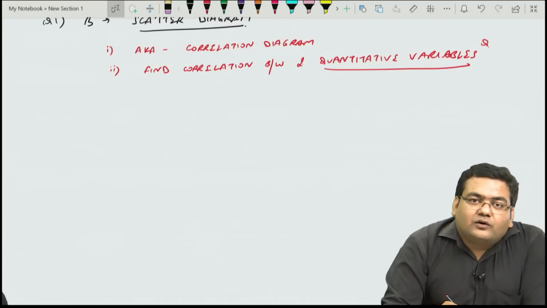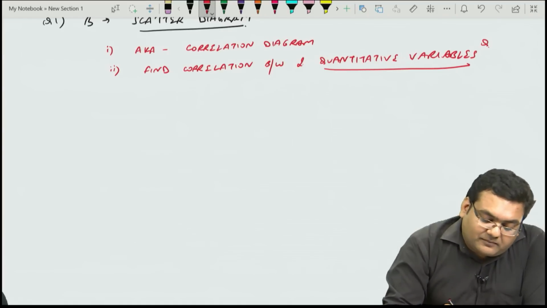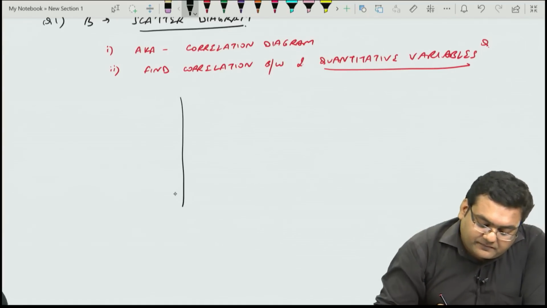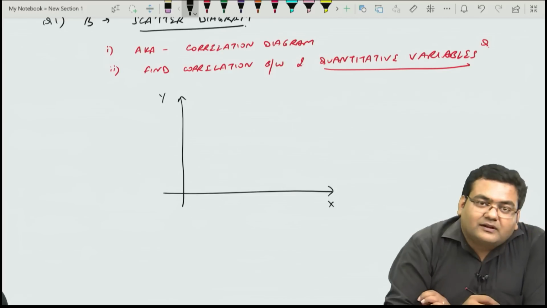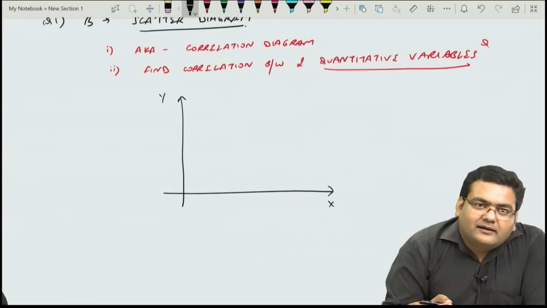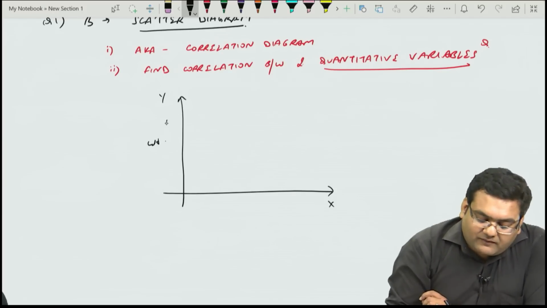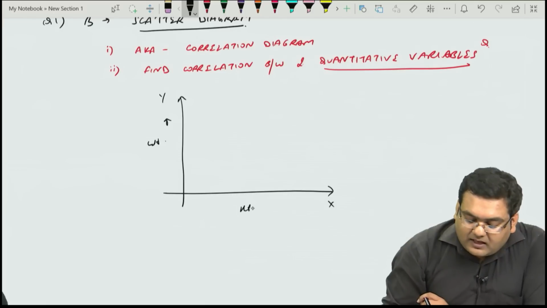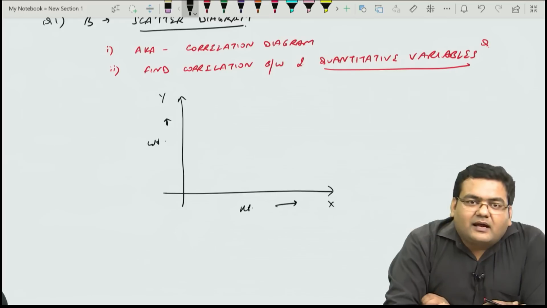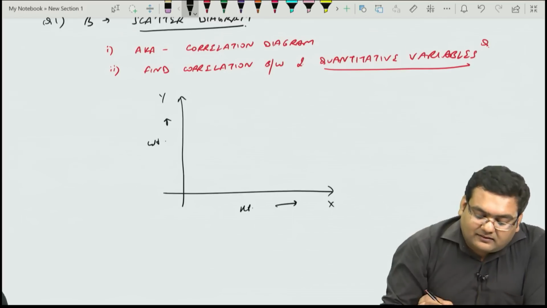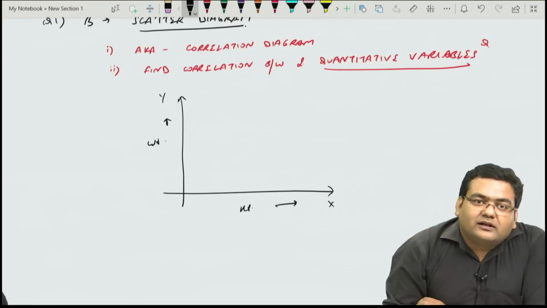Now, what is the layout of a correlation or a scatter diagram? Let us try to answer this with the help of an example. Let's suppose I am plotting weight on y-axis and height of individuals on x-axis. We see that as height increases, the weight also increases.